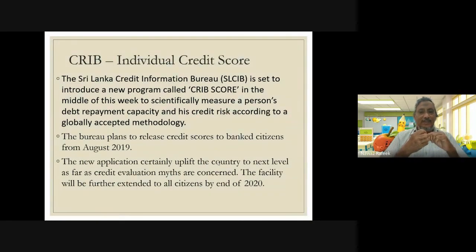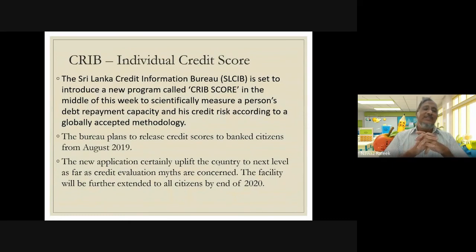Sri Lanka CRIB is set to introduce a new program called CRIB Score in the middle of this week, that is August 2019, to scientifically measure a person's debt repayment capacity and credit risk according to a globally accepted methodology.